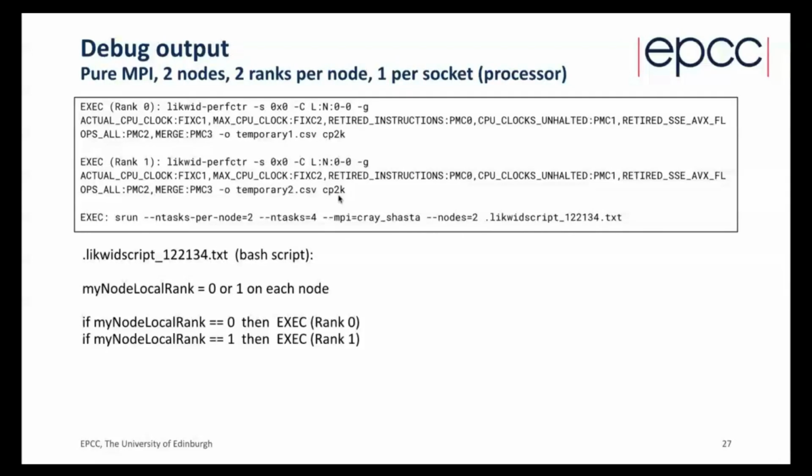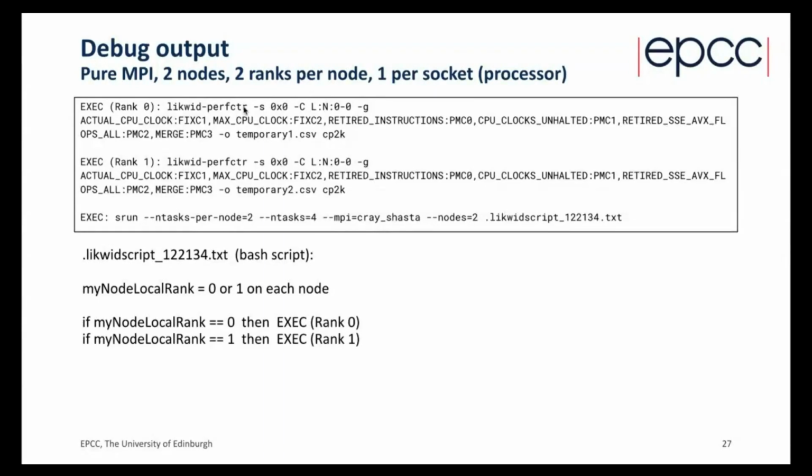If you inspect it, and we've modified the debug flag to leave it there, it essentially just says that if my local rank on the node is 0, then I execute this first likwid-perfctr command. If my local rank on the node is 1 out of the 2 on each node, then execute the second likwid-perfctr command.